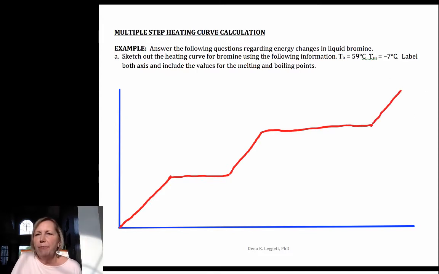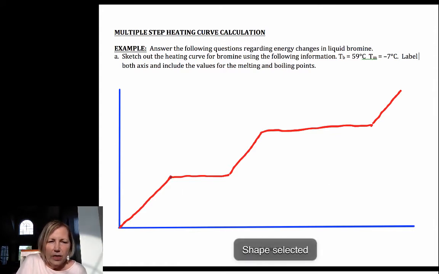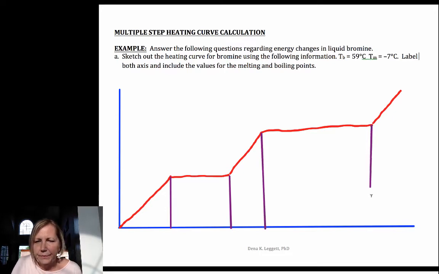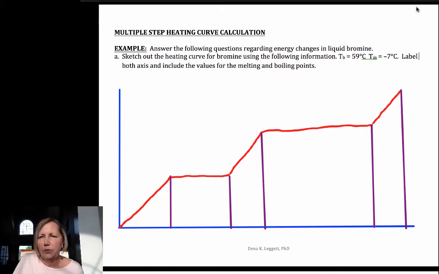Now, there are 2 types of mathematics that we can have here. I'm going to draw segments like this because each of these would be a separate math step, and each one has its own formula associated with it.